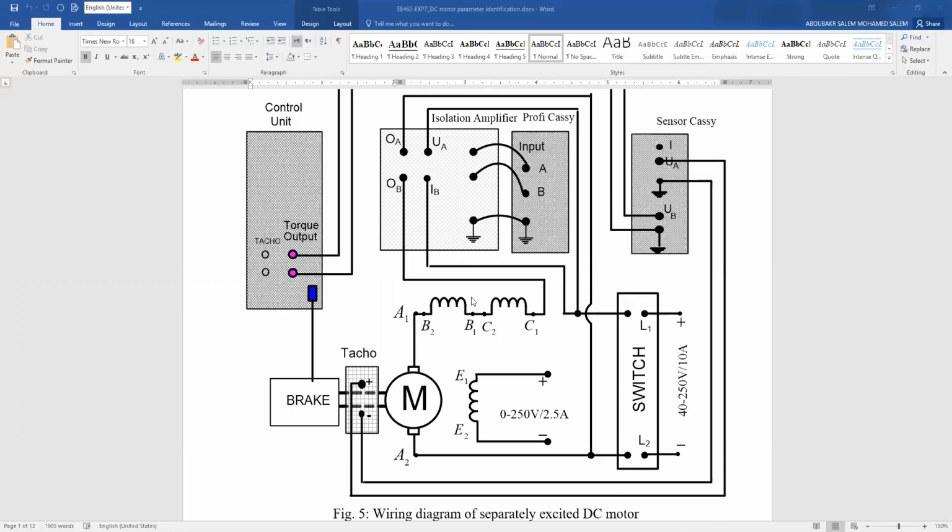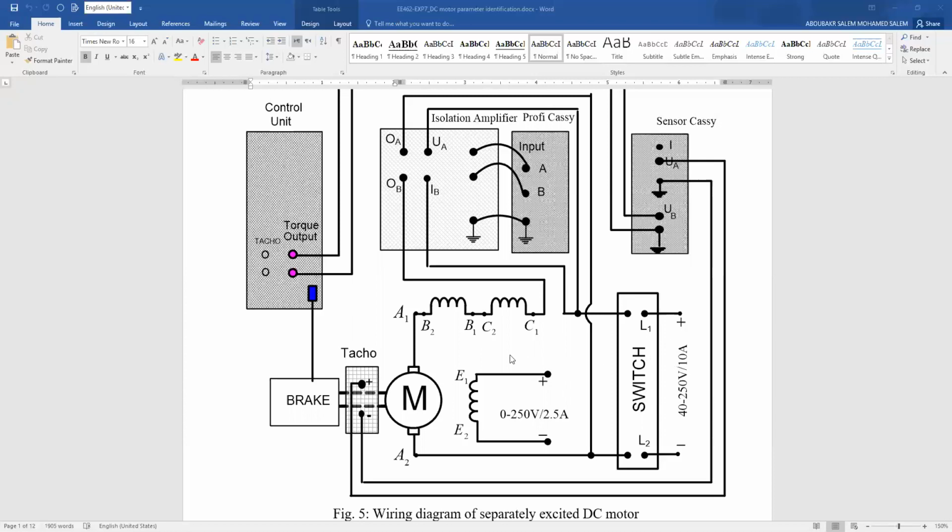So for now, the armature circuit is the same. We have measured the armature current and armature voltage with the same quantities used before in the previous test. And we are going only to place the supply to be the 250 volt 10 amps DC power supply on variable from 40 to 250 volt.